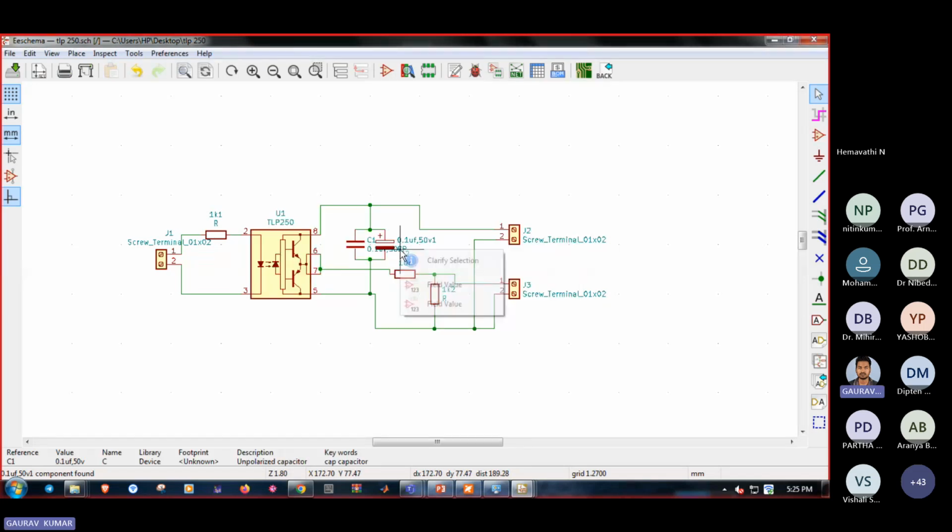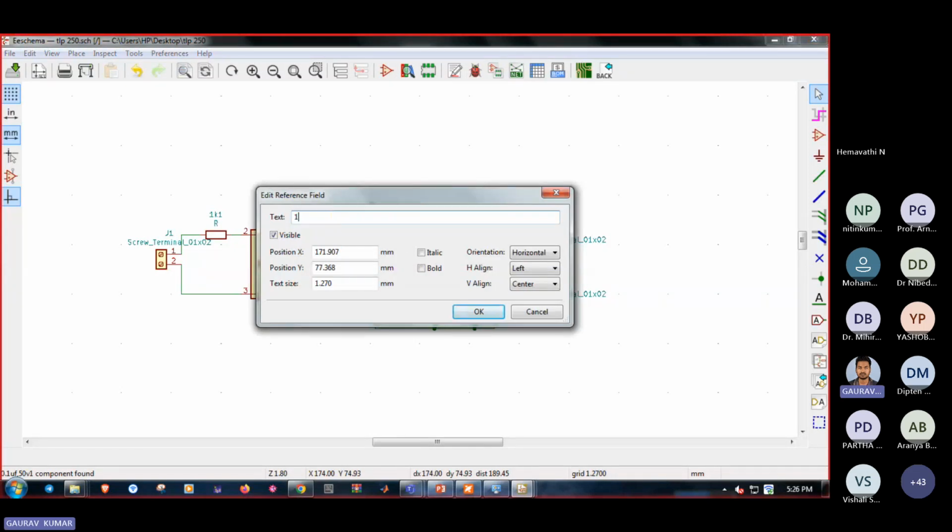And the polarized capacitance value is 100 microfarad, 50 volt.